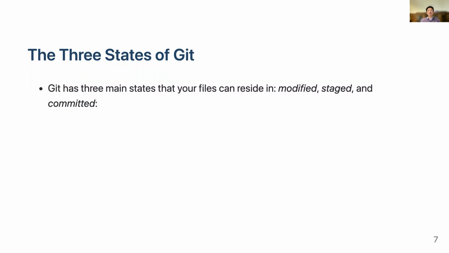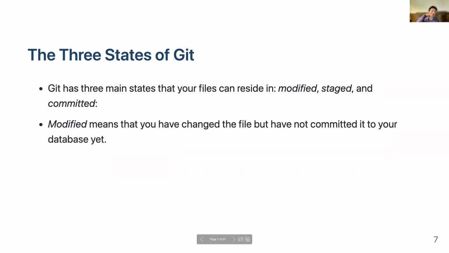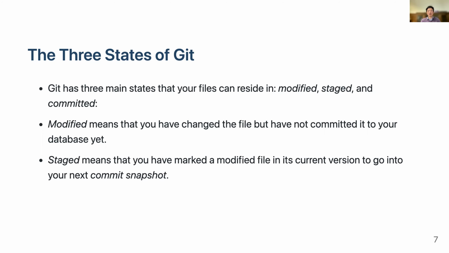Each file will have these 3 states: modified, staged, and committed. Modified is probably the most straightforward, and just means you make changes to the file. You already saved a version of the file, and you have new changes which haven't been saved yet. That just means modified.